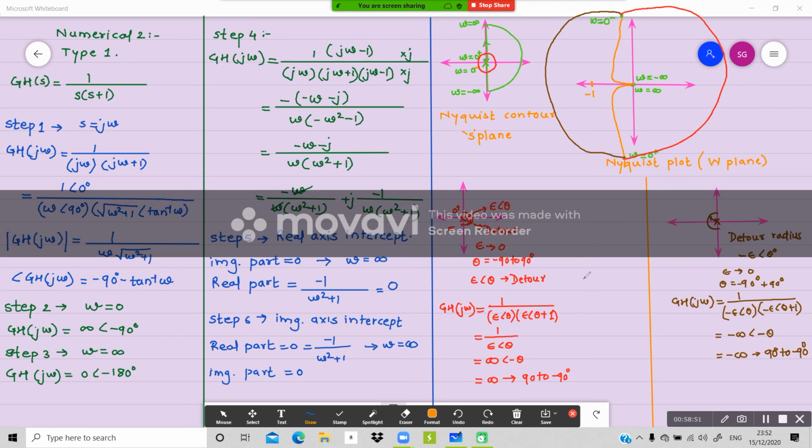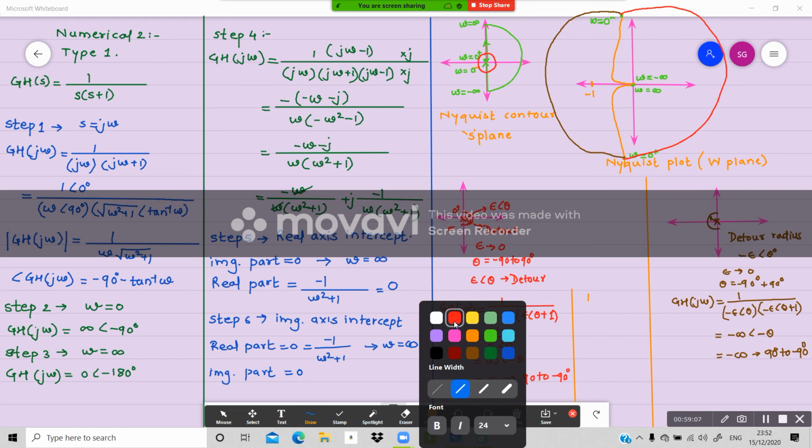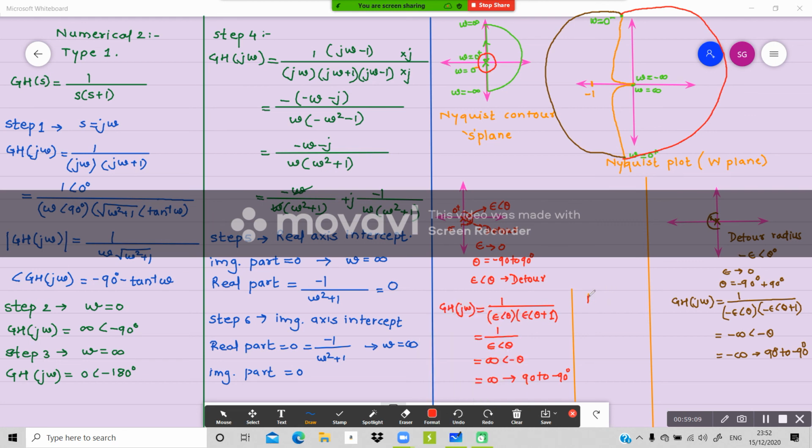So number of encirclements, I'll make one more line over here. So for this part, N is equal to, one minute, yeah, N is equal to 0. There is not even one encirclement because your path is completed like this, correct. Look at the denominator. Now when you are completing the detour on this side, the pole is getting excluded.